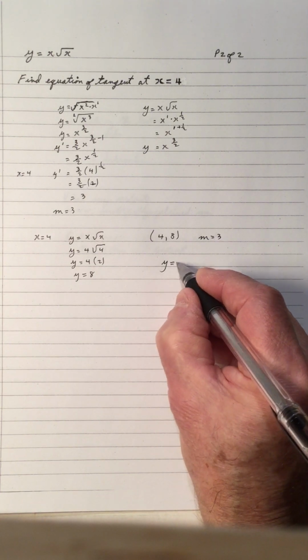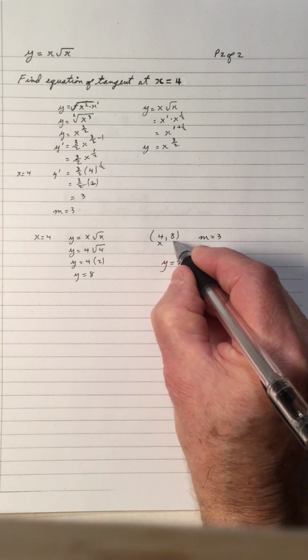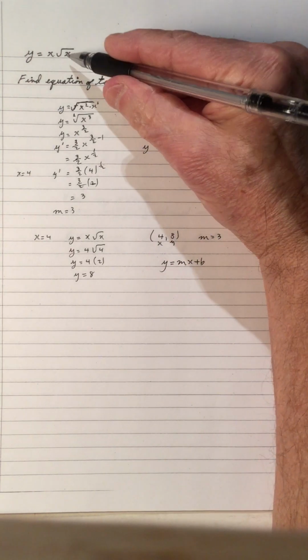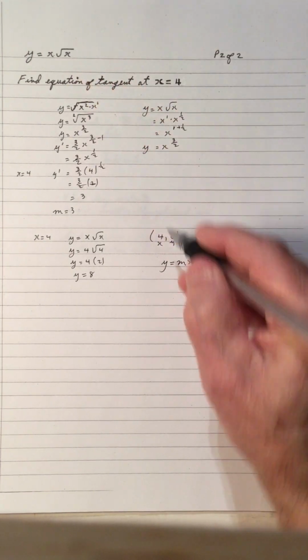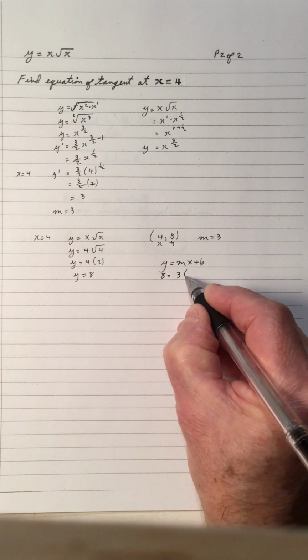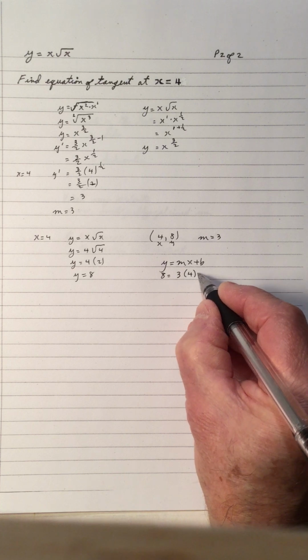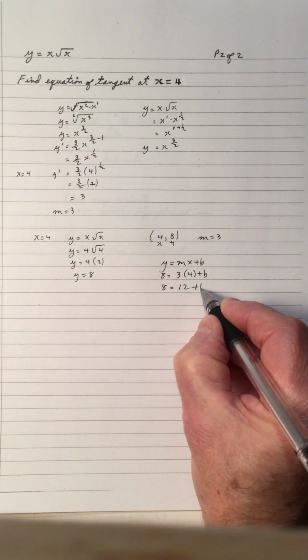So y equals mx plus b. And that's the x and the y that's on this point on this function, x root x. So y is 8, the slope is 3, and the x value is 4. So 8, 3 times 4 is 12.